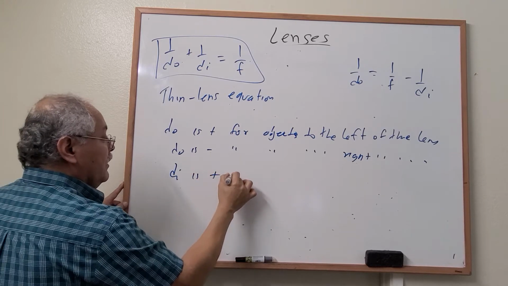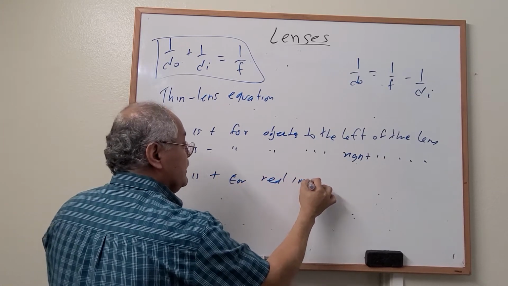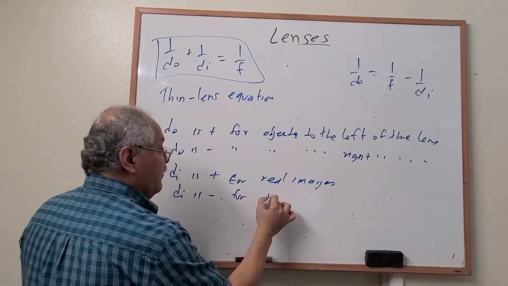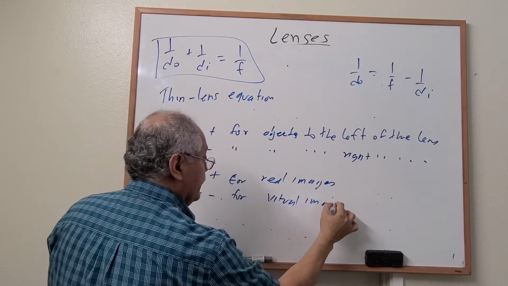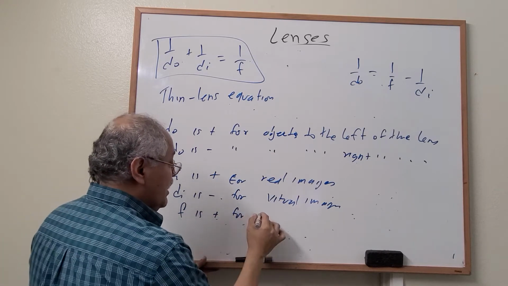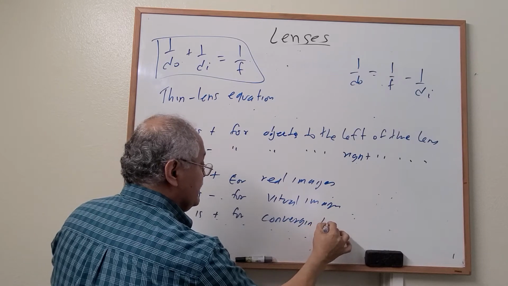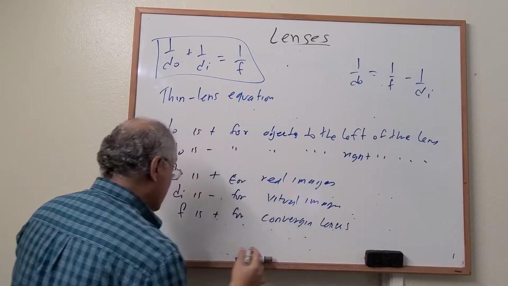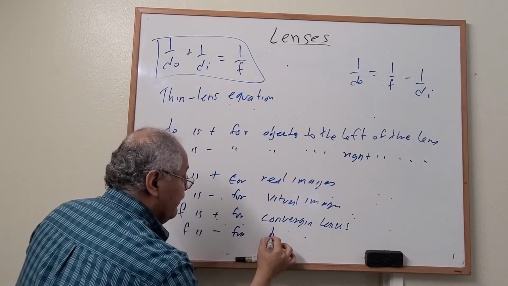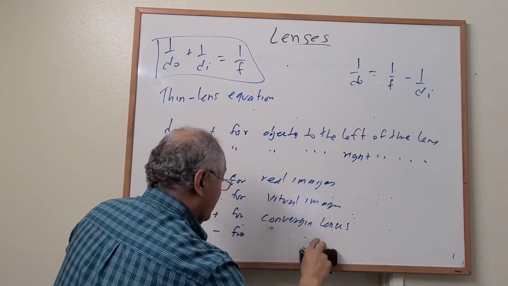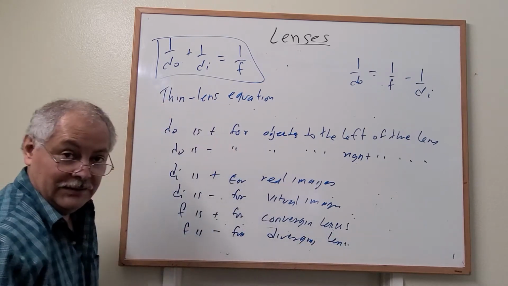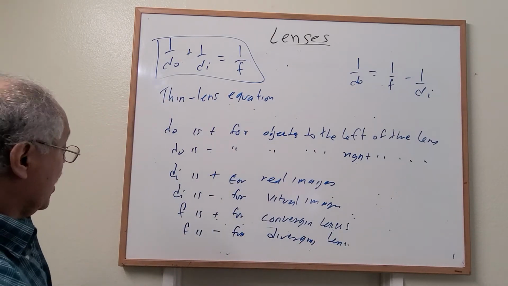DI is positive for real images, and DI is negative for virtual images. What about F? F is positive for converging lenses, and F is negative for diverging lenses. Correct.